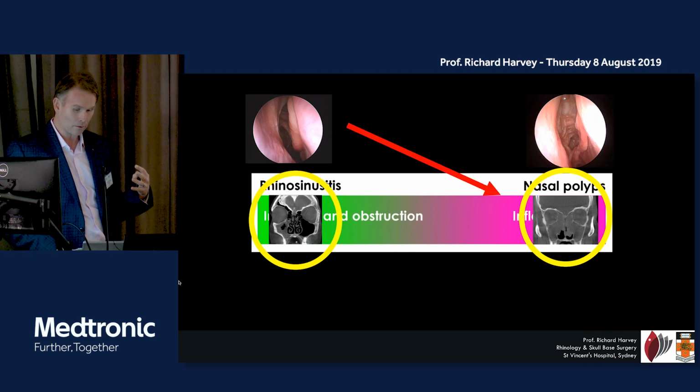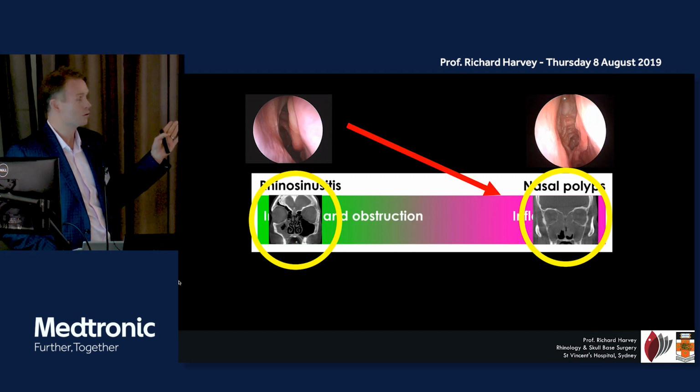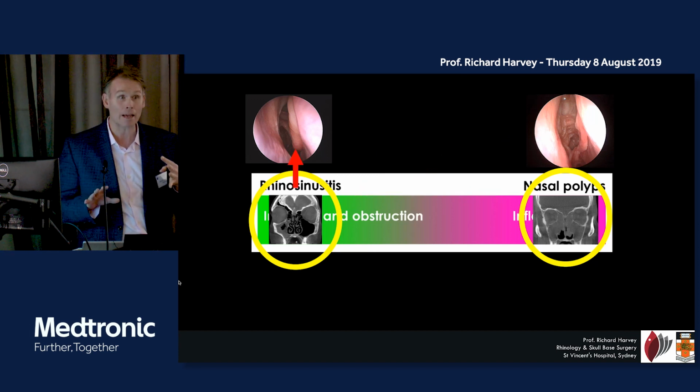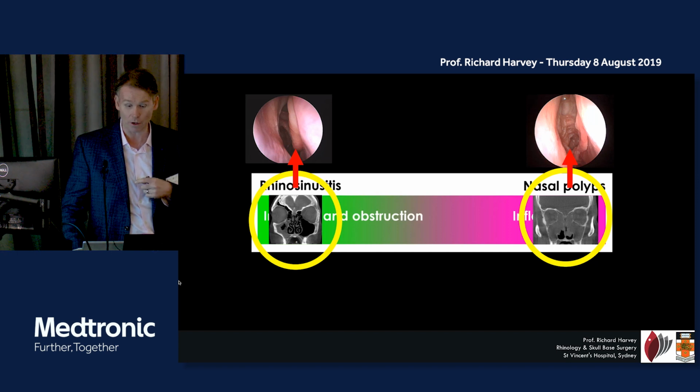And we do align what surgery we do. So I don't ever do OMC or limited anatomical surgery for someone with diffuse disease. We know that's not going to help them. And likewise, it's unnecessary to do extensive surgery for someone who has a local or focal anatomical problem. So we try to marry up our surgery with what condition we're trying to treat.